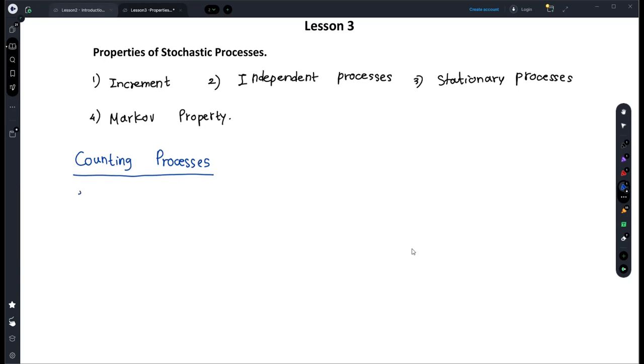So, for example, you can count the number of heads in tossing a coin. Let's say 100 times, right? So you count.